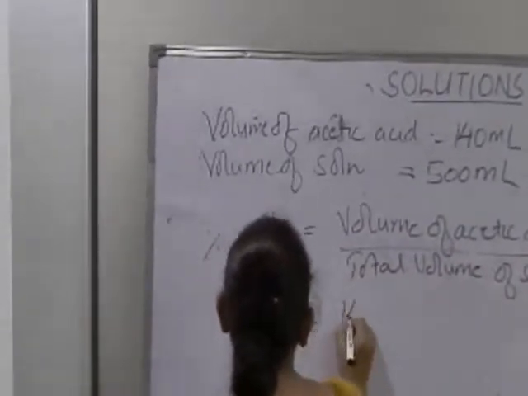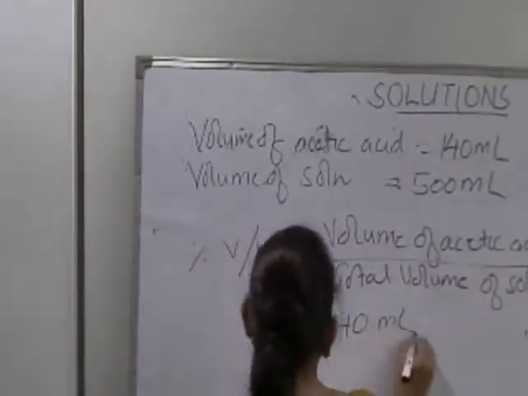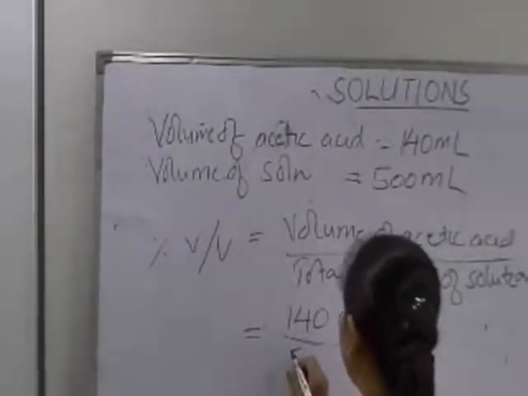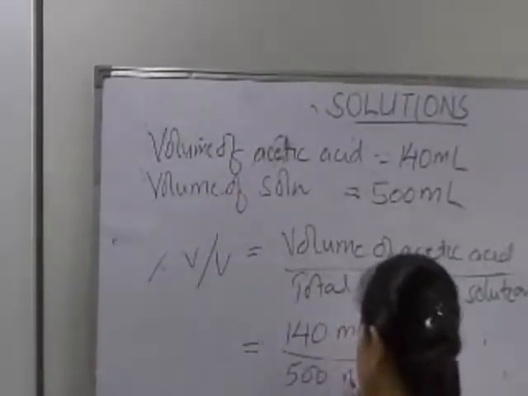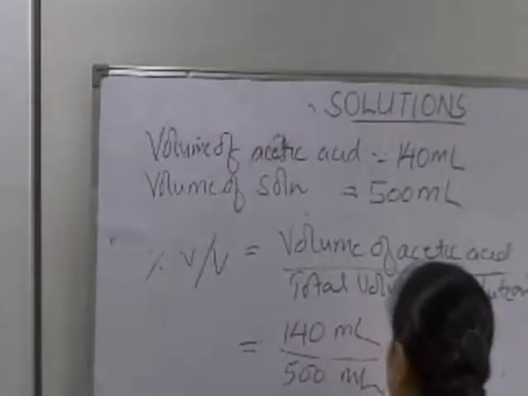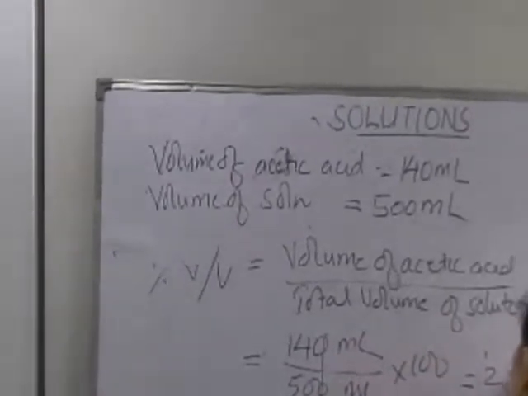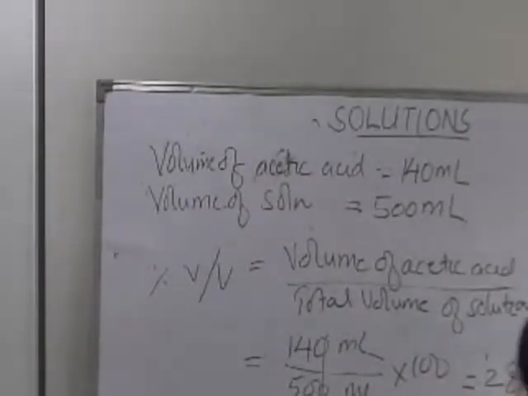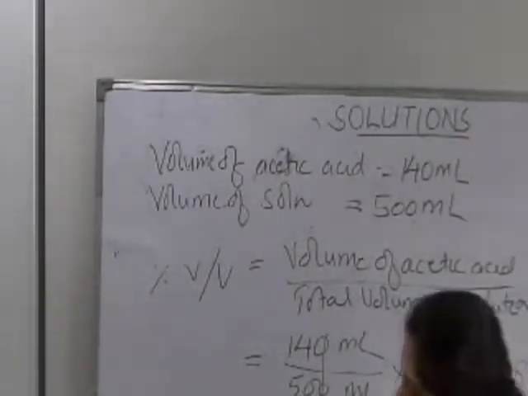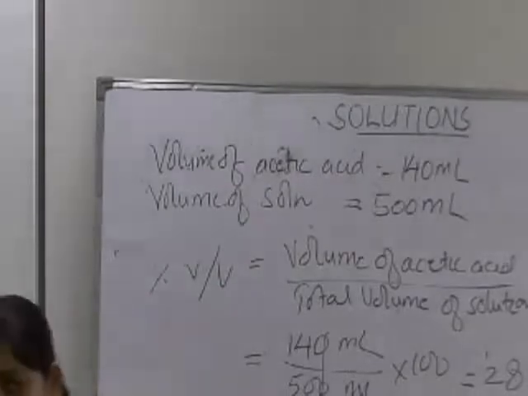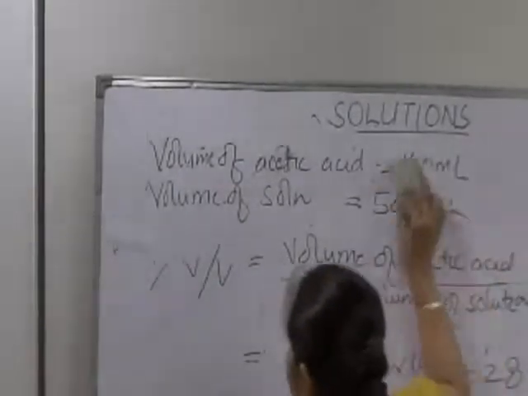So volume is 140 ml upon your 500 ml volume of the solution into 100. If you solve it, you get 28% by volume. This was an example where we are expressing the concentration by volume percentage.